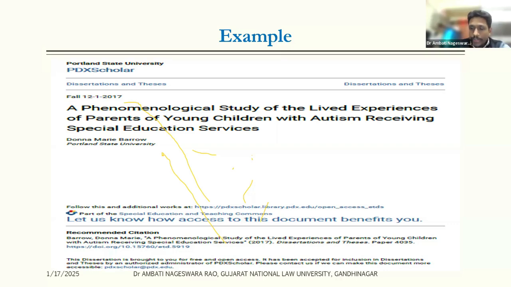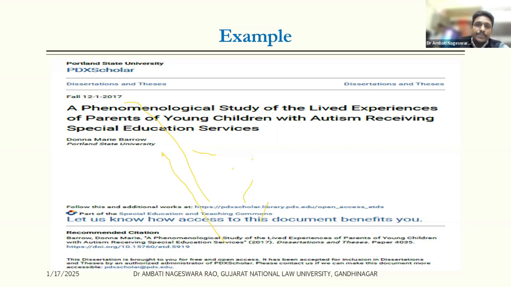Now the question is, the researcher tried to collect the data from the parents who are having children with autism. When you talk about data collection methods, when you talk about sampling methods, let me explain how it was done. The researcher was not able to find the parents with children with autism. Okay, so the researcher approached some of the NGOs, and that particular NGO promised, give me the entire research objectives, your research tool, and what kind of research ethics you are going to follow.